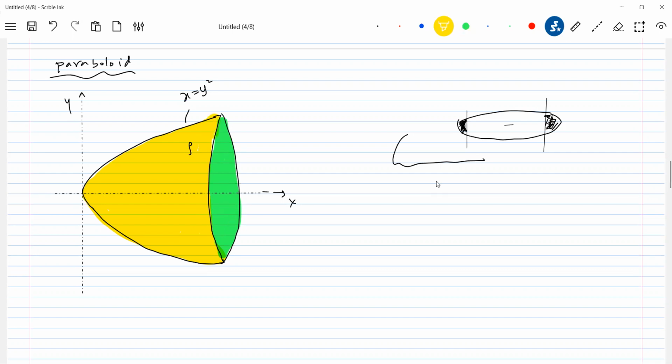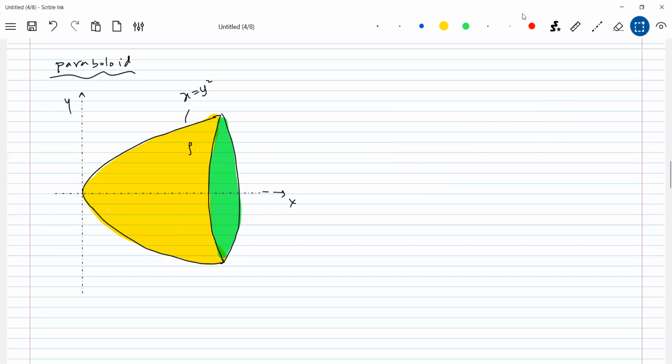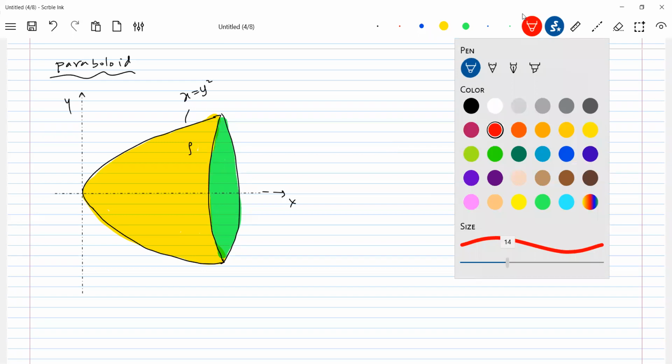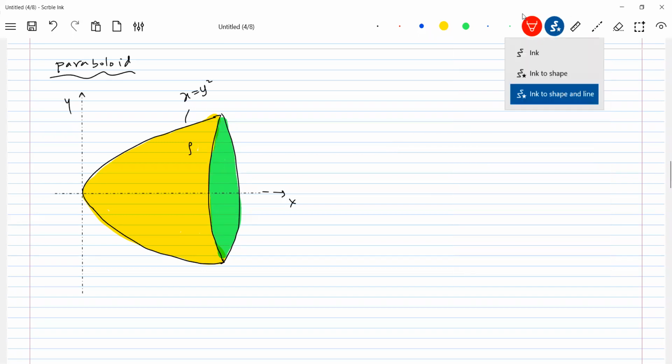Okay, now this will be the... what we can assume. So better to take a strip. So here I'll take a circular strip.